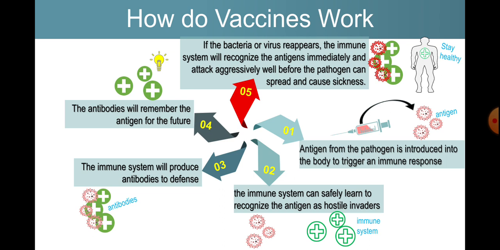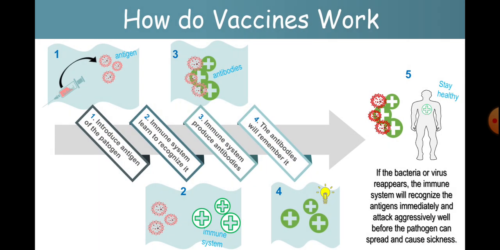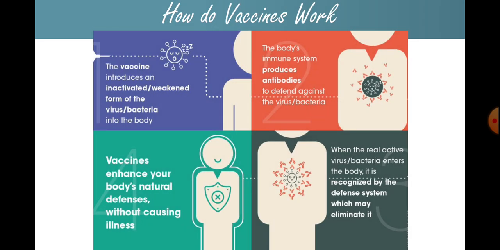This is just the example, and I'm showing you another example here. From the same text, this is another visualization of the process. More or less the same. There are numbers there and the description. And of course, the visualization. There are a lot of examples that I will show you here. For example, here, how do vaccines work in other form?